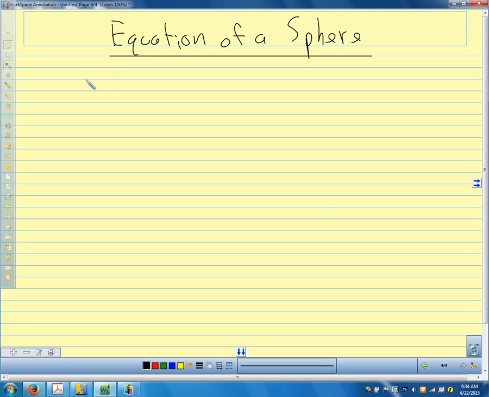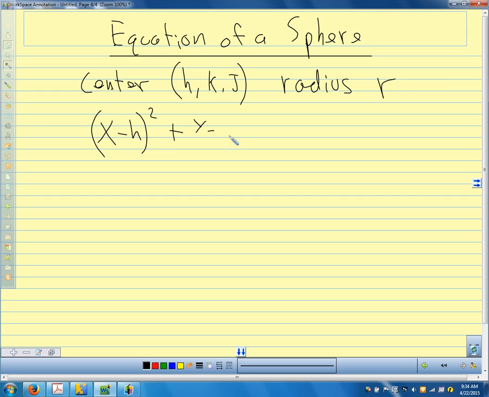So we have a center, h, k, j, just like in the plane but with an added coordinate. That's our center, and our radius r. Our equation is x minus h squared plus y minus k squared plus z minus j squared equals r squared.